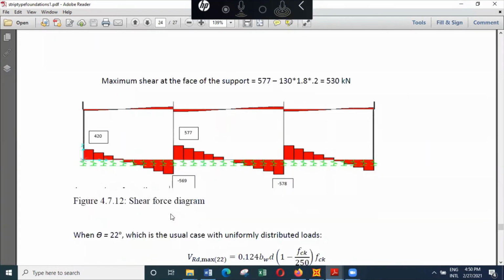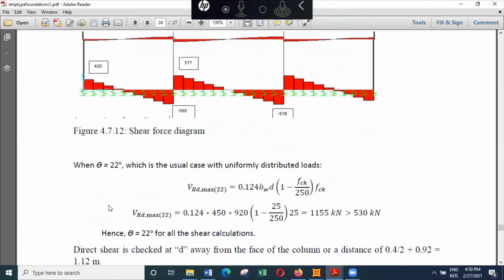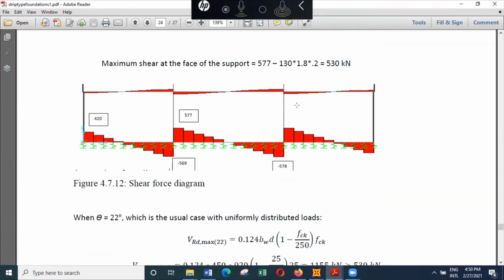With an angle of 22 degrees, you can work out the maximum shear force that this can resist, and that is 1155 kilonewtons. Whereas at the face of the column, you get a force of only 530 kilonewtons.